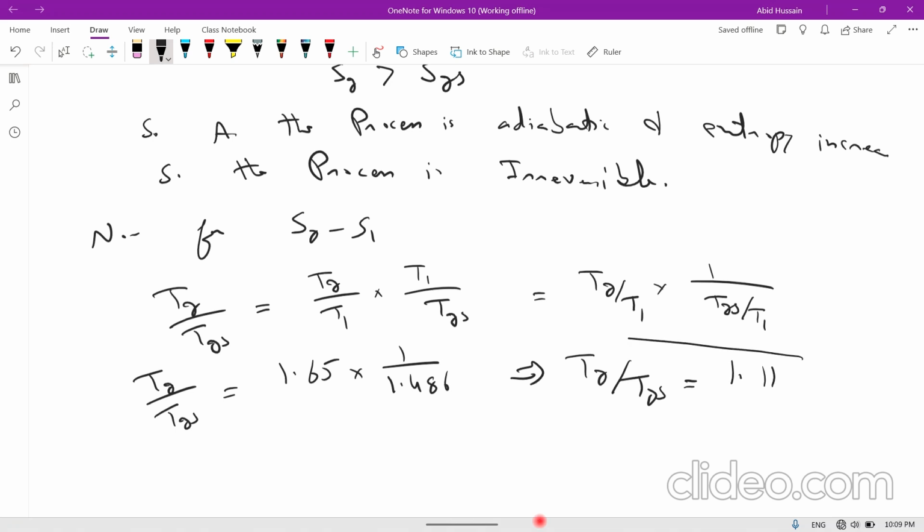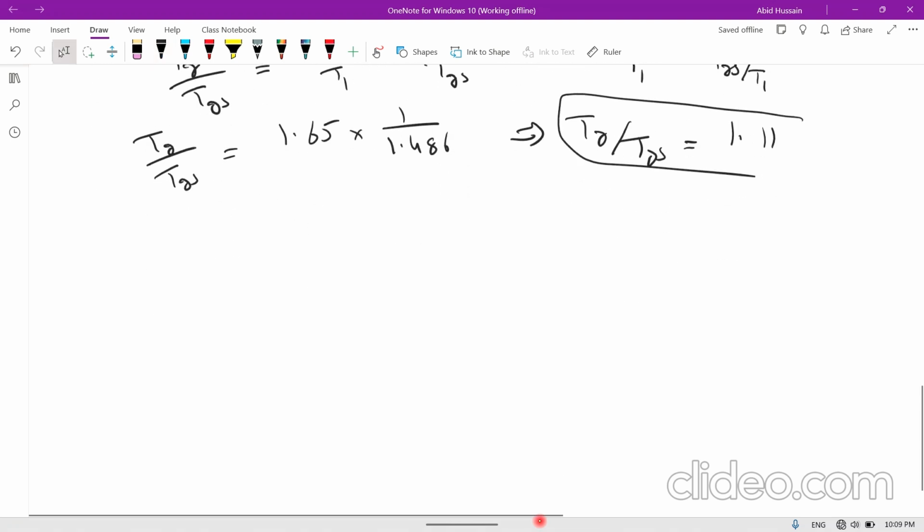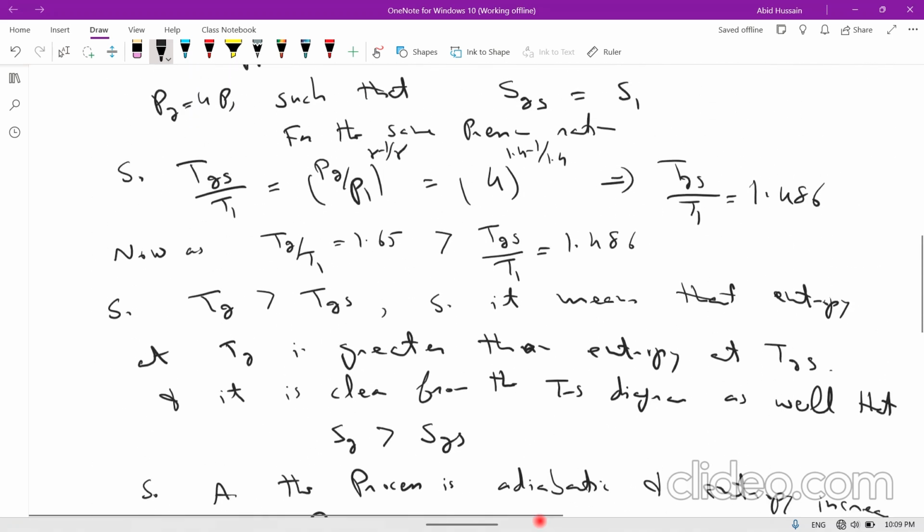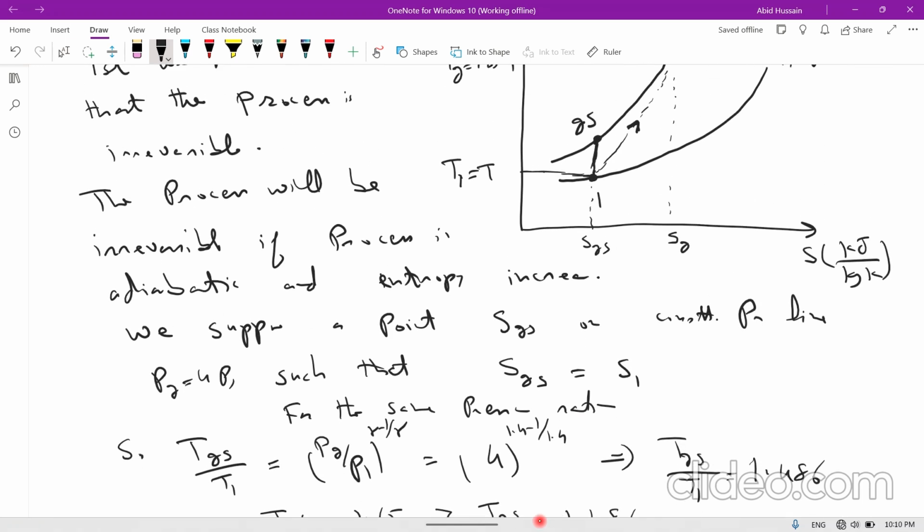If we calculate this value, the ratio T2 divided by T2s will be equal to 1.11. Now S2 minus S1 is equal to S2 minus S2s, because S1 is equal to S2s from the TS diagram. This is point 1 and this is point 2s.